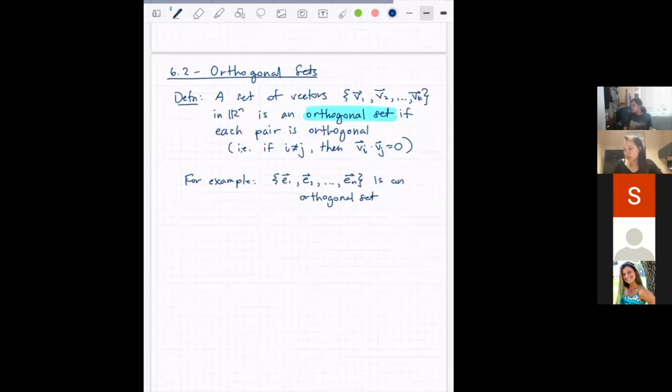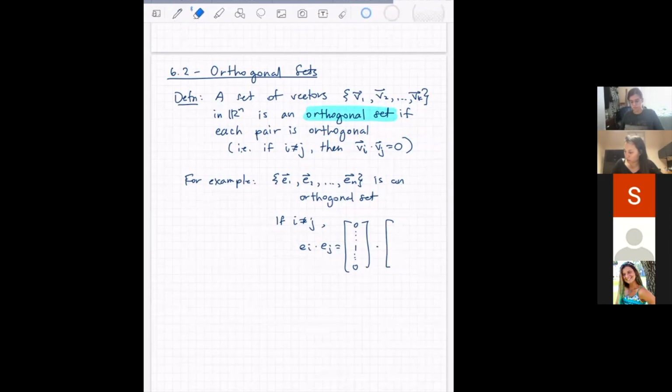So if you have any two vectors in this set of coordinate vectors, with i not equal to j, then ei dot ej is the ith coordinate vector dotted with the jth.